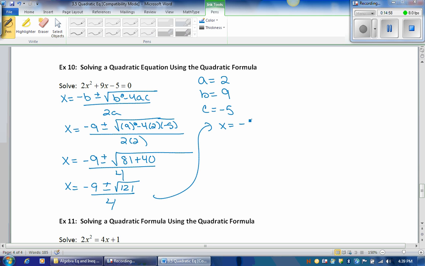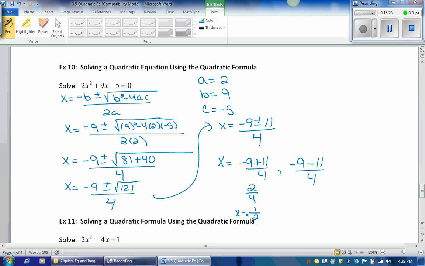Square root of 121 is 11 over 4. So you actually break this up into two: negative 9 plus 11 over 4 and negative 9 minus 11 over 4. They're two different solutions. Negative 9 plus 11 is 2/4, which is 1/2.